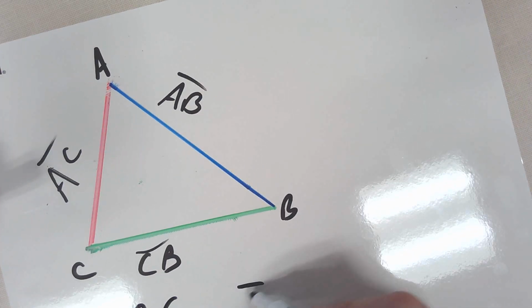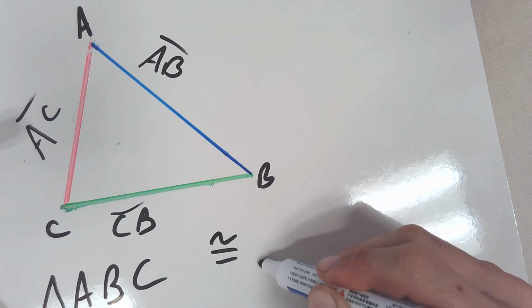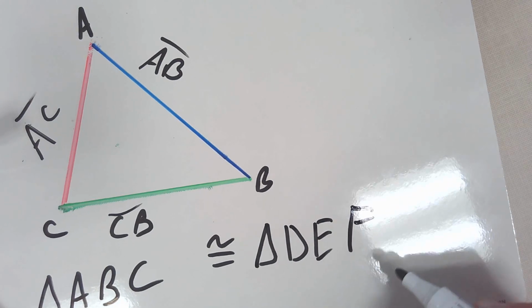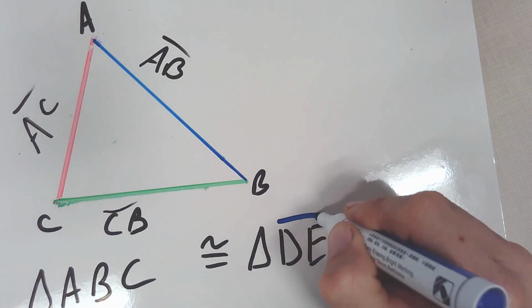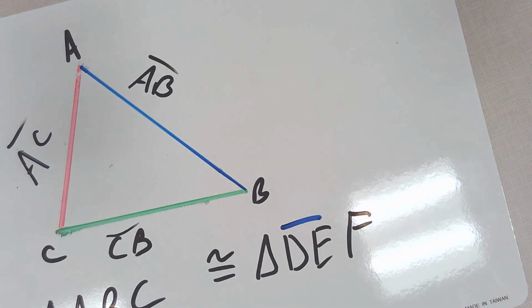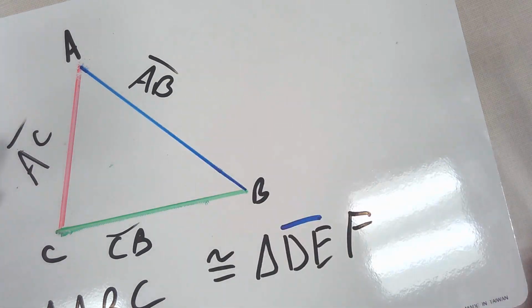Well, if I wanted to make a congruent triangle, say triangle DEF, that means that my DE would have to be my blue length, so let's make this triangle the same length and everything.